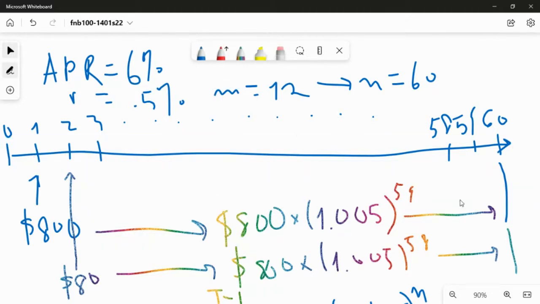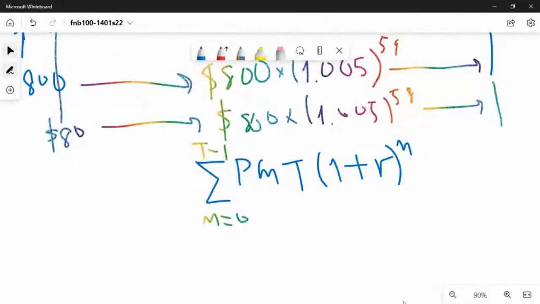So then at the end, this is the total that we will have, and this is called future value of annuity. Okay, so now what is annuity here? Annuity is a regular payment or deposit made at regular interval.